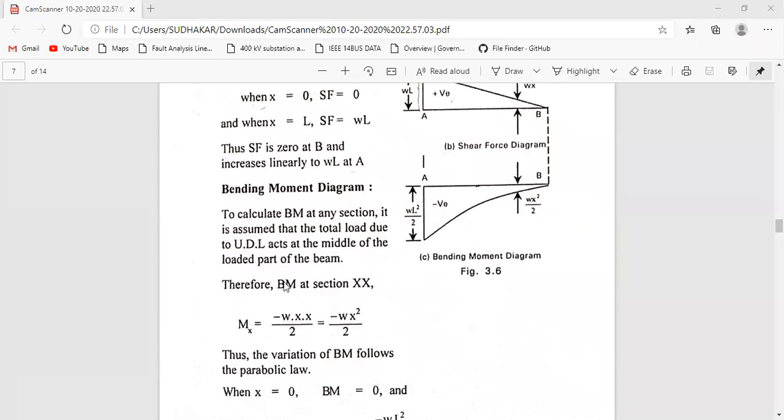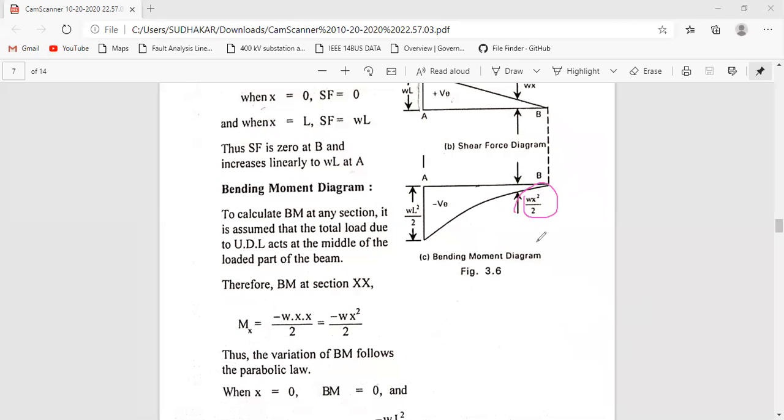So how does it look? The area will be B into H, and how does it come about? For clarity, for the bending moment, just remember this value.